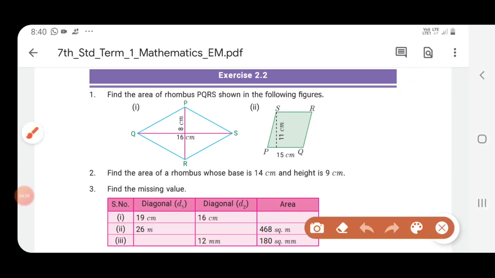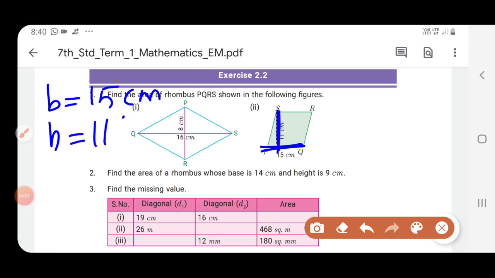Next, subdivision 2. Here the base is given, that is 15 centimeter. Another one is height. This height they have given as 11 centimeter. We know that area of the rhombus when height and base are given is B into H square unit.